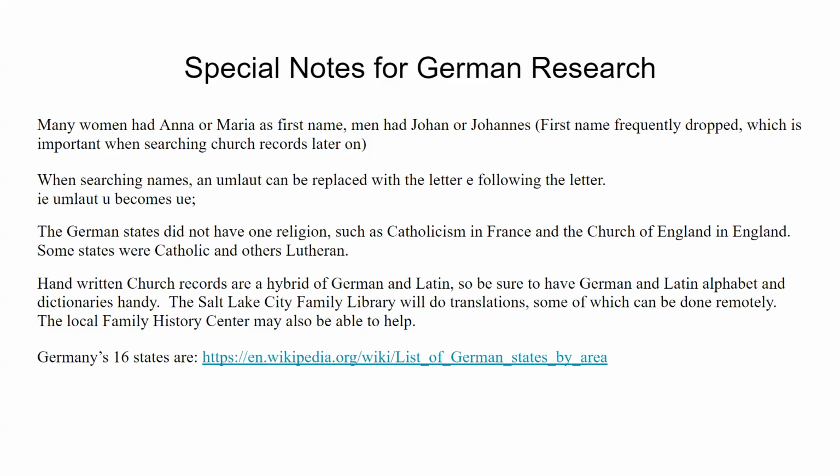Likewise, the local Family History Center may be of help. Many times there's a lady there named Wendy Wheelwright who speaks, I think, Polish and German, and is very, very good and willing to help. Also, the last point is that Germany has 16 states, which are listed once again at that link. Next slide, please.